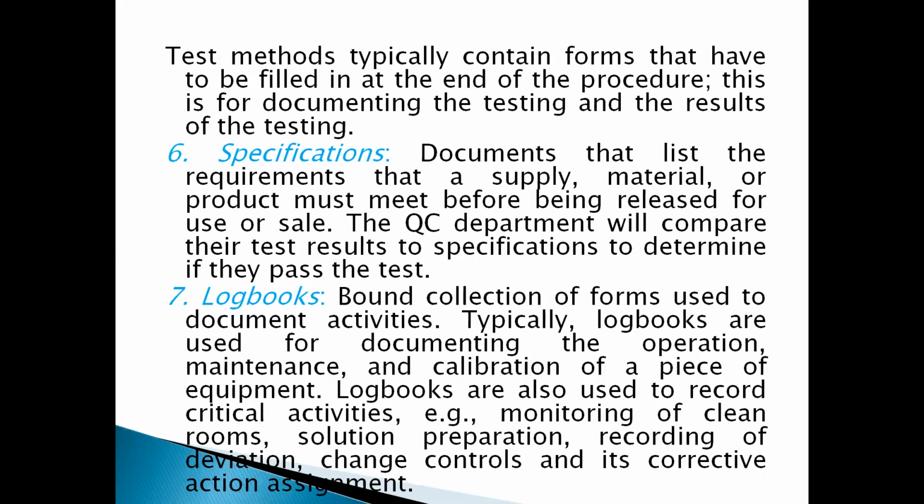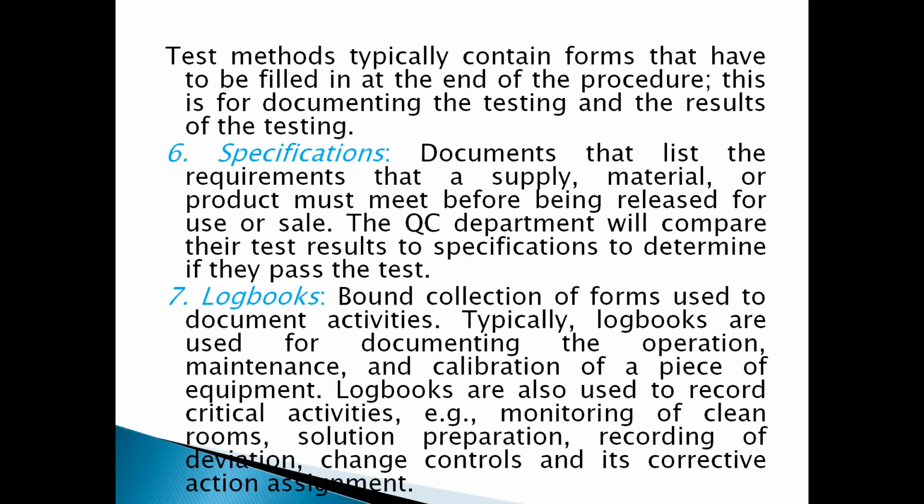Then test methods typically contain forms that have to be filled in at the end of the process. This is for documenting the testing and the results of the testing. Okay.